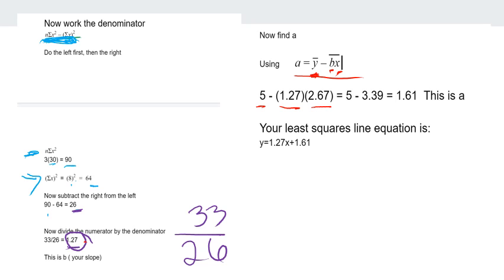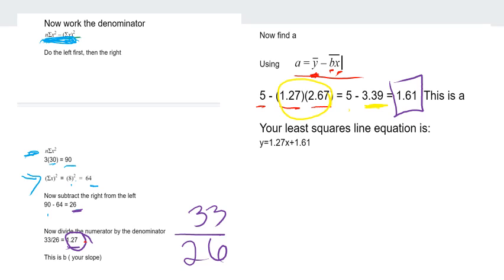We have to use order of operations, which means you work your parentheses first. So multiply these two first, and then we get 3.39. Then all we're going to do is subtract 3.39 from 5, and we get 1.61.